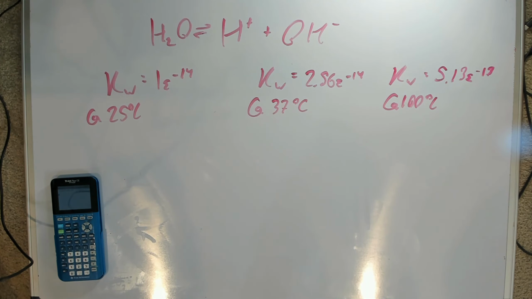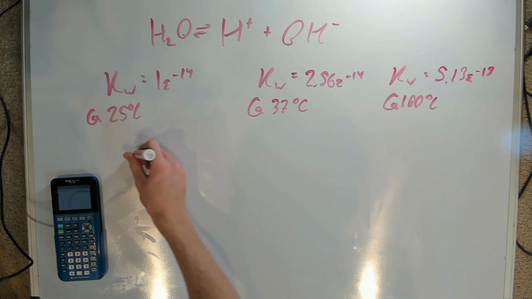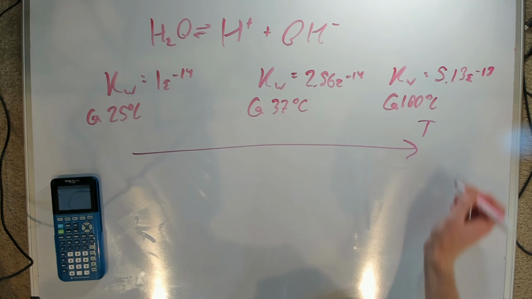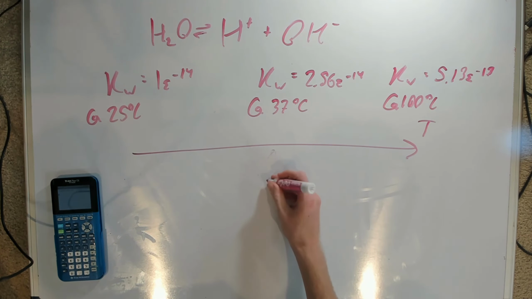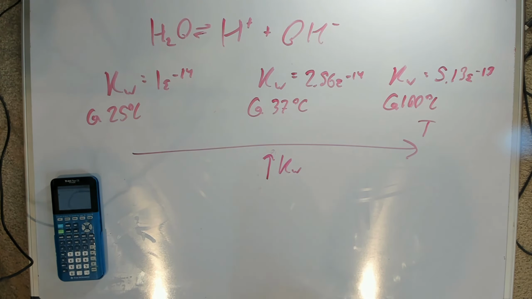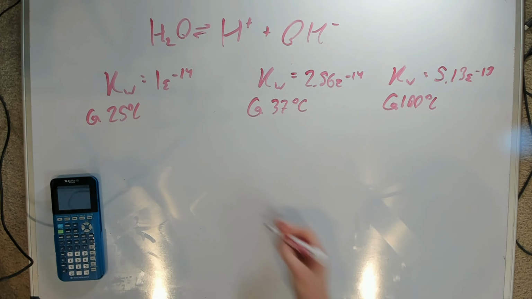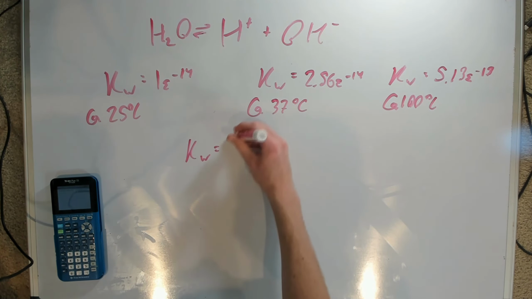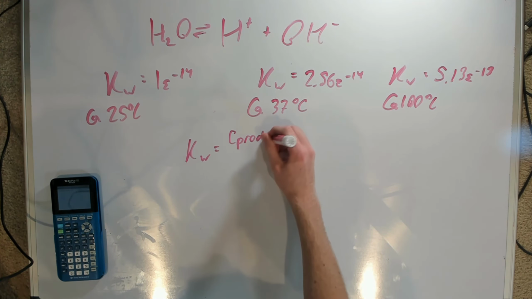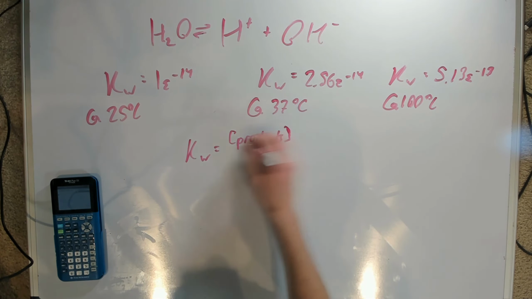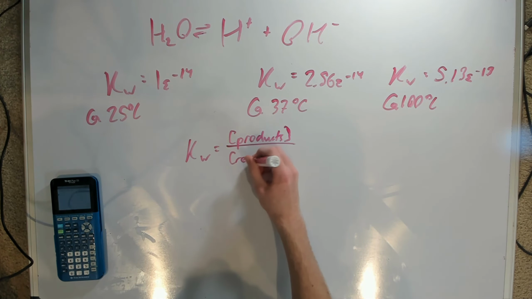So, you'll notice a trend here. As you go greater in temperature, you increase KW. So as temperature increases, KW increases. So what does that actually mean for our equation here? Well, that means that KW is equal to products over reactants.